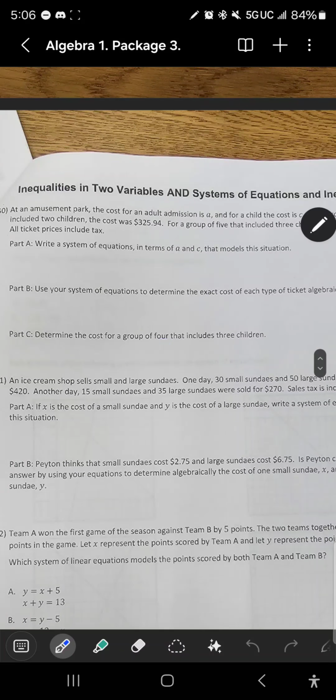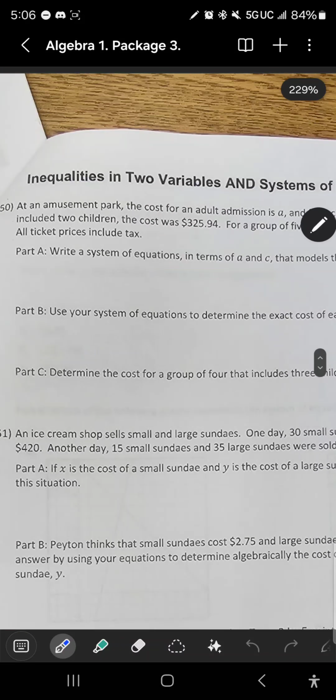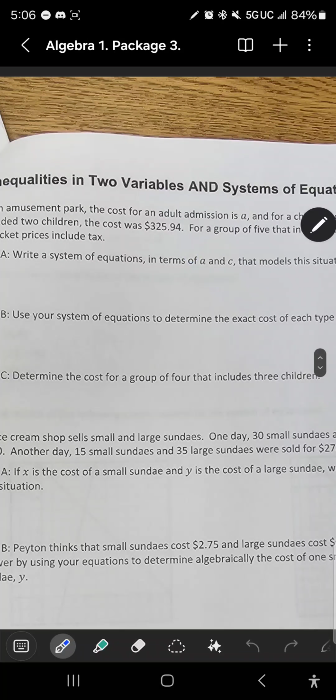Okay, so basically, I'm going to analyze from the beginning. The cost of an adult, A, is an amount of money, because it's talking about the cost.